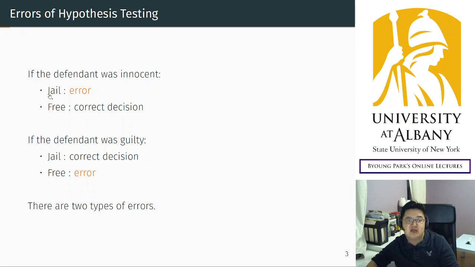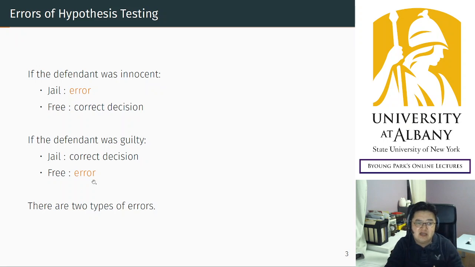If the defendant was set free, then the decision is correct. So like this, depending on the truth, you can see one of the results is an error. But the error changes when the truth changes. So if the truth is that the defendant was actually guilty, then sending him to jail is the correct decision. But setting him free is an error.